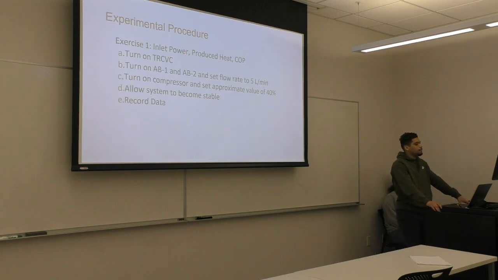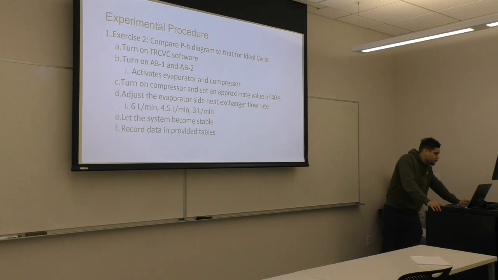For the first part of the experiment, we're going to turn on the TRCVC, and then we're going to turn on both of our pumps and set them equal to 5 liters per minute for the flow rate. And then we're going to turn on our compressor, set it to an approximate value of 40%. We're going to allow the system to become steady, and then we're going to record our data.